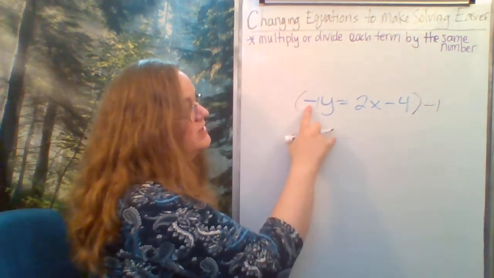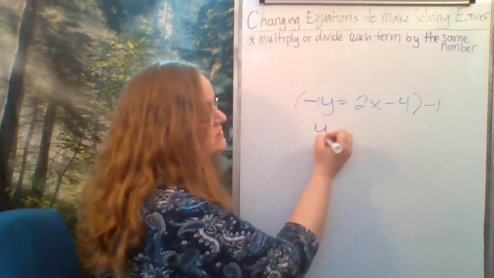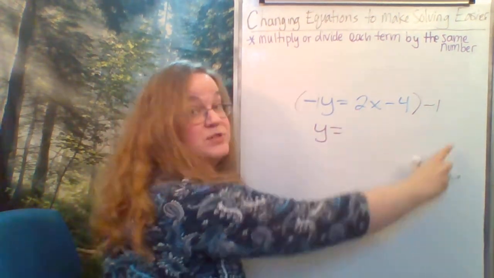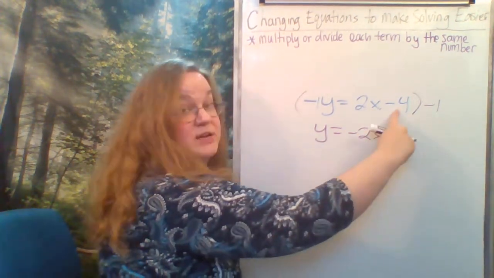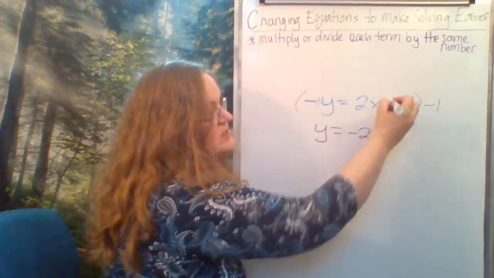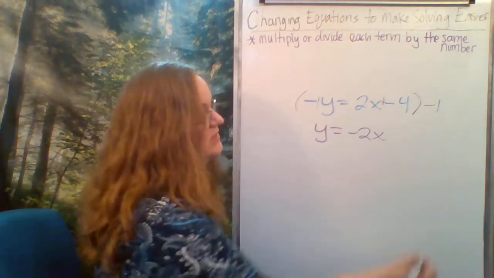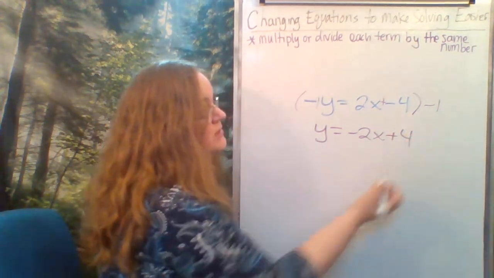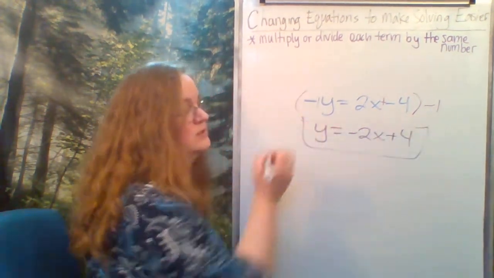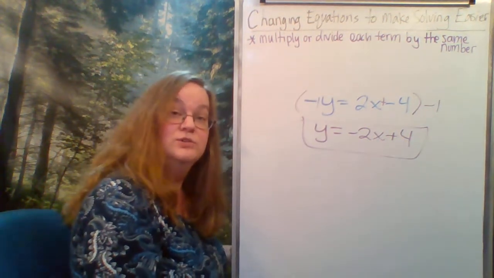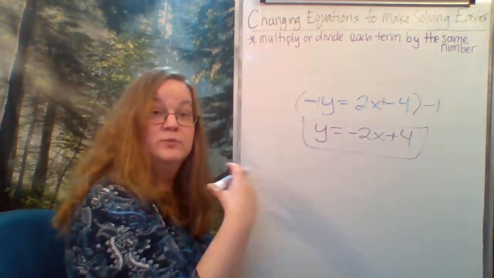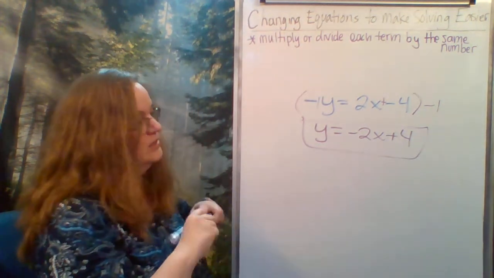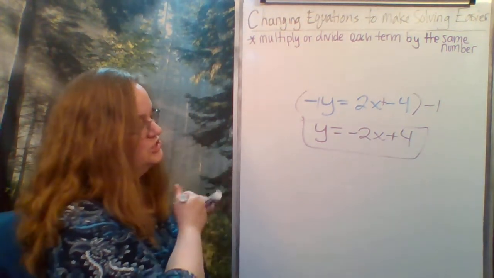So negative 1 times negative 1 is positive, so that's positive y. Positive 2 times negative 1 is negative 2x. Negative 1 times negative 4, because remember, thinking of this as a minus 4 is a negative 4, would be plus 4. And this would be an equivalent equation that I could use when I was solving. So whatever it is that we want, we can multiply through by that number in order to change it.